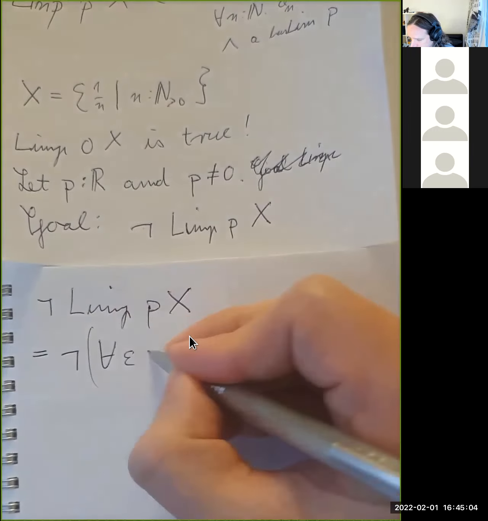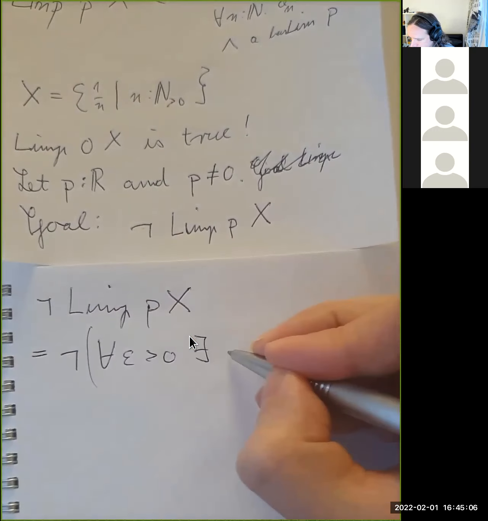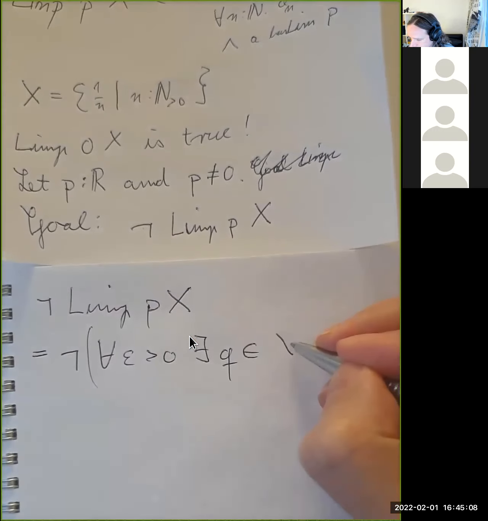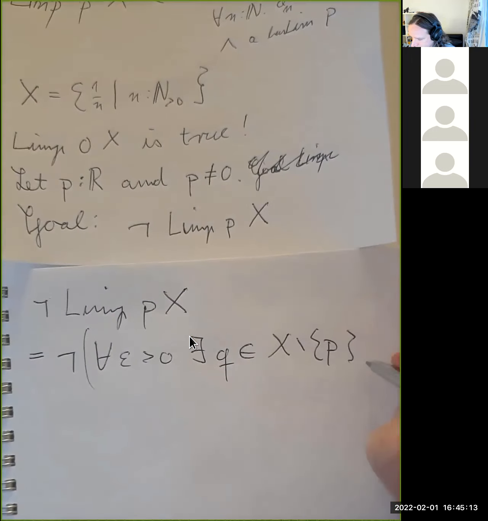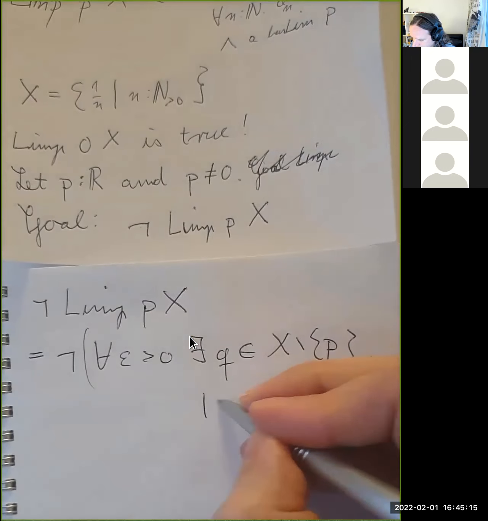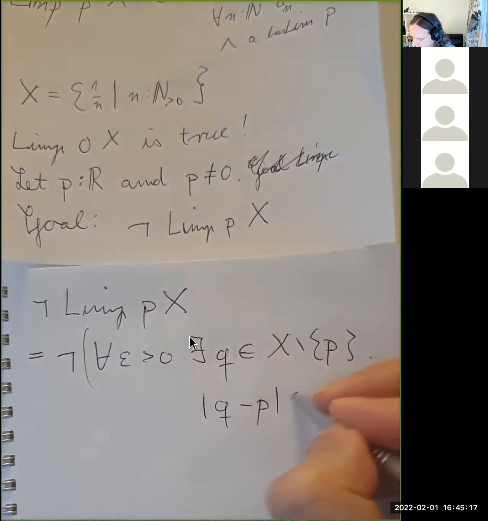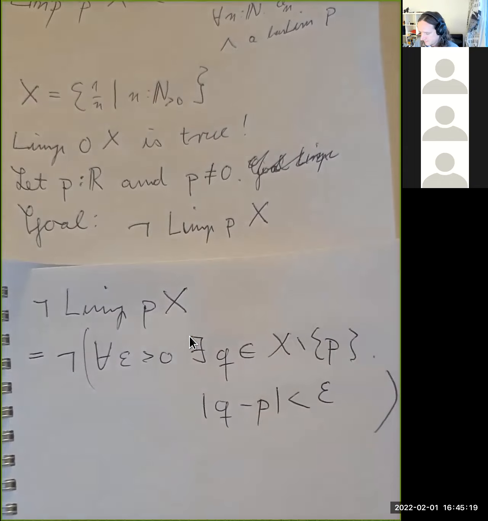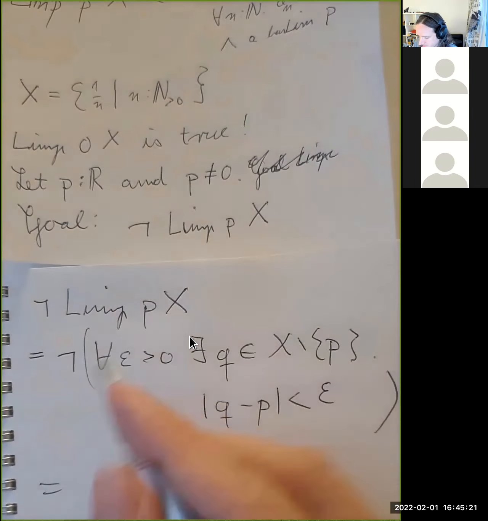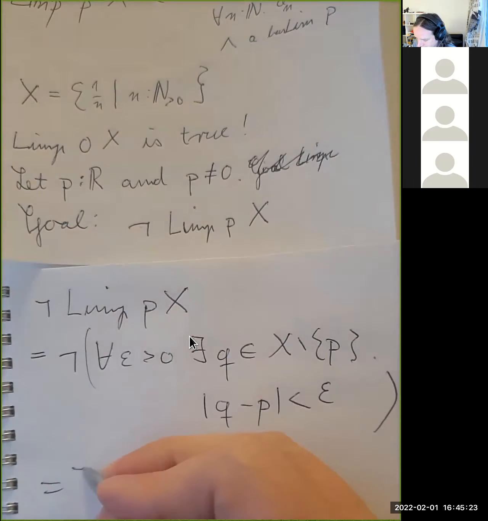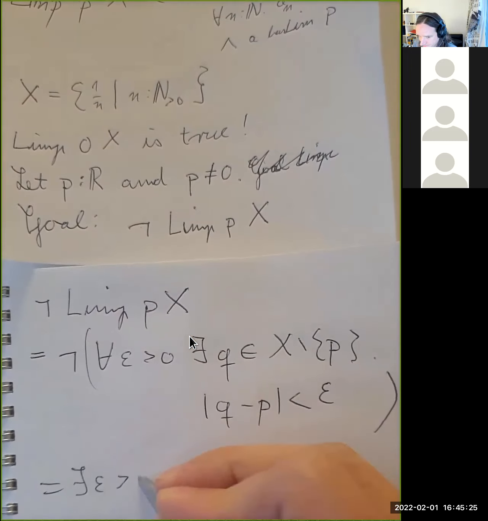Not for all epsilon greater than 0, q in X without p, we have |q minus p| smaller than epsilon. Okay, so I draw it in. For all becomes an exists epsilon.